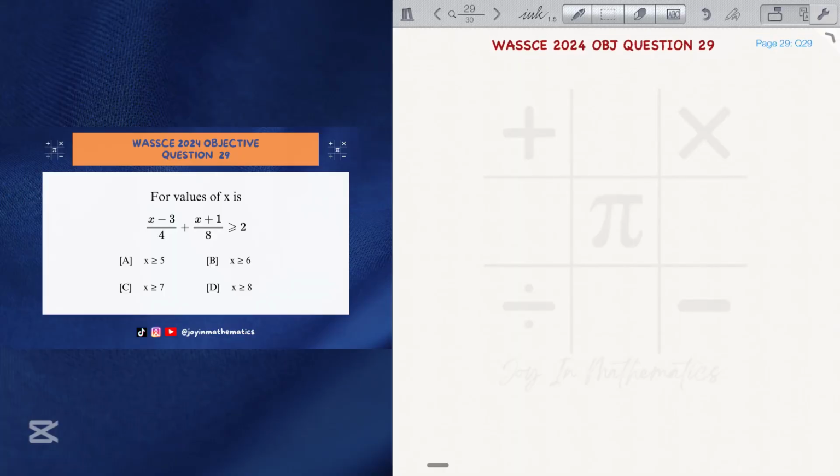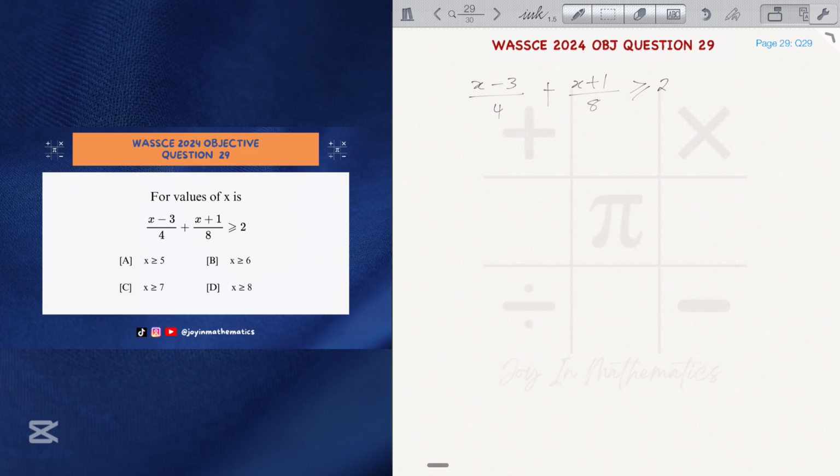WAEC 2024 objective question 29. Now we are asked to find the value of x in this inequality. We have (x minus 3) divided by 4 plus (x plus 1) divided by 8 is greater than or equal to 2.